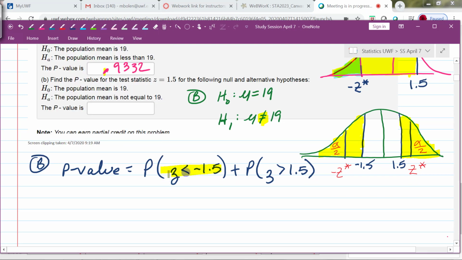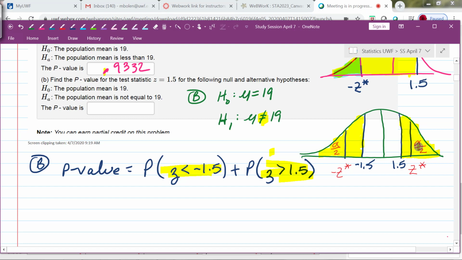This yellow part is this part right here, because it is symmetrical. I know for a fact that the area under the curve for this is equal to the area under the curve for this.